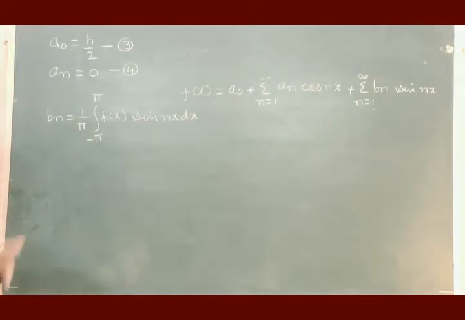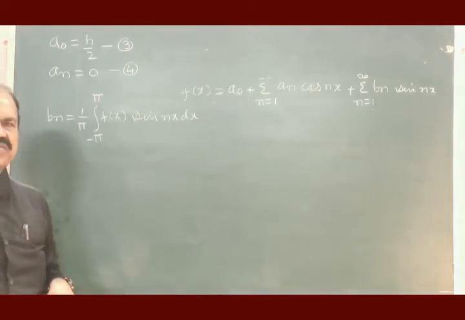Bn is equal to 1 divided by pi integration within the limits minus pi to pi f of x sin nx dx.